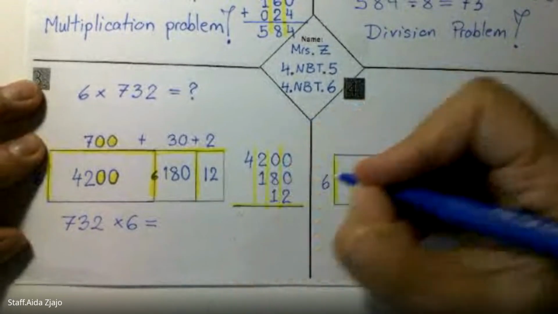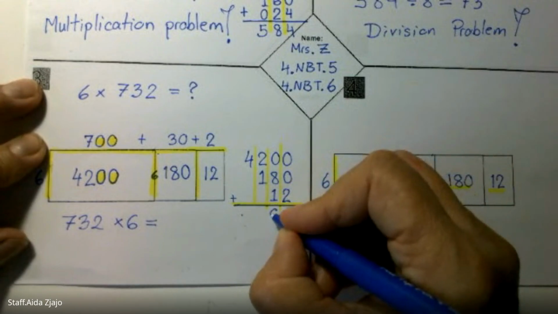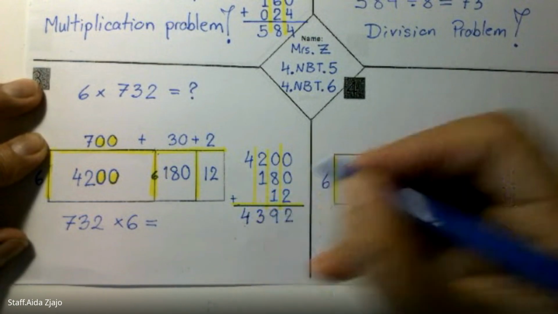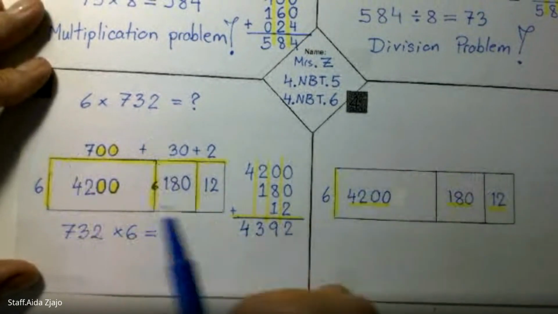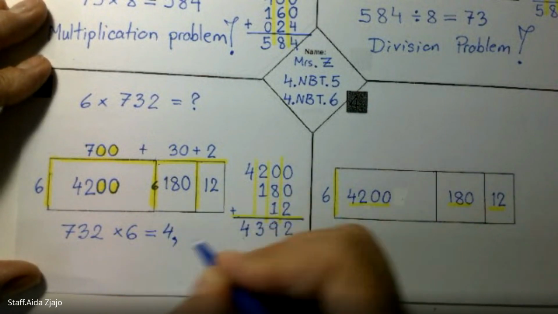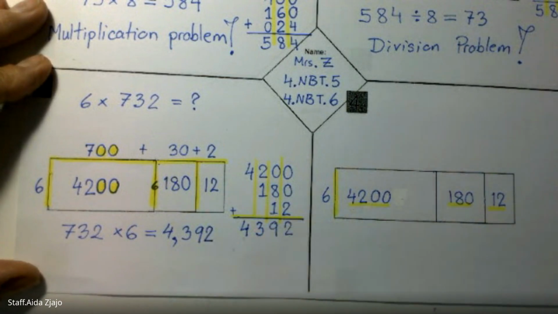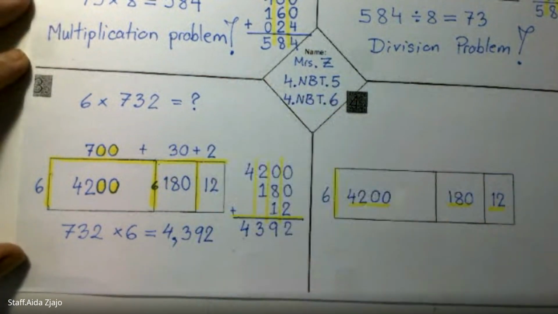Okay, now I'm going to add those together. So 2, 9, 300, and 4,000. So 732 times 6, or 6 times 732, equals 4,392. Okay, and this was a multiplication problem.